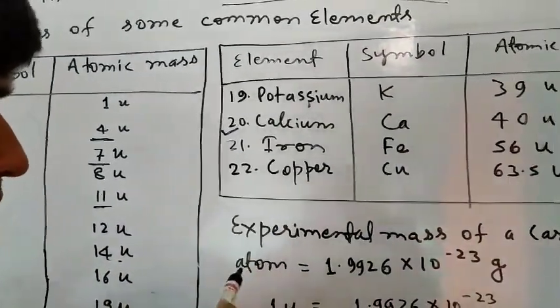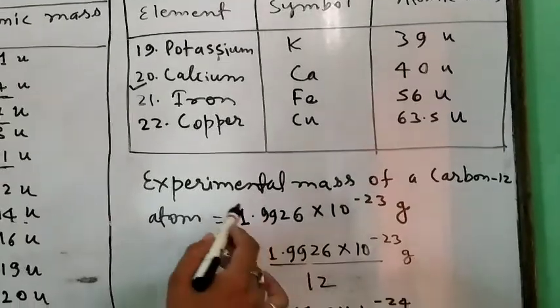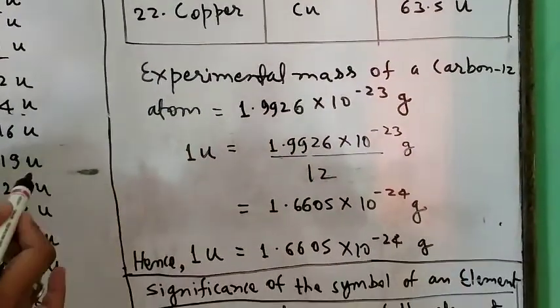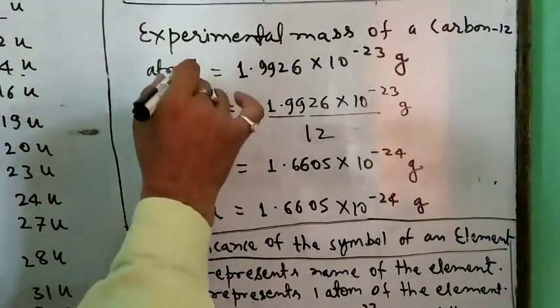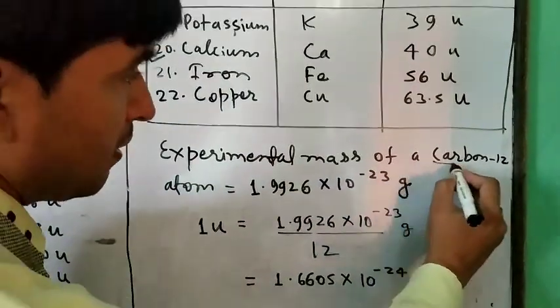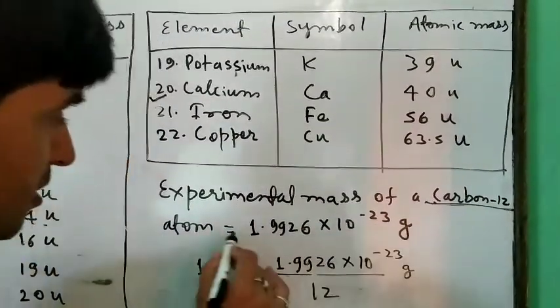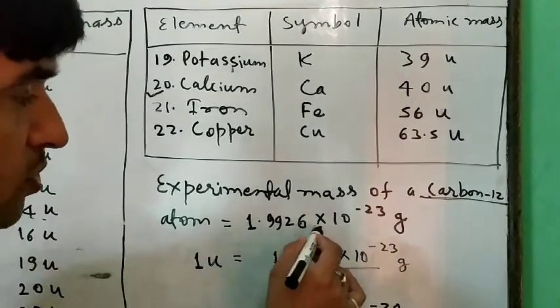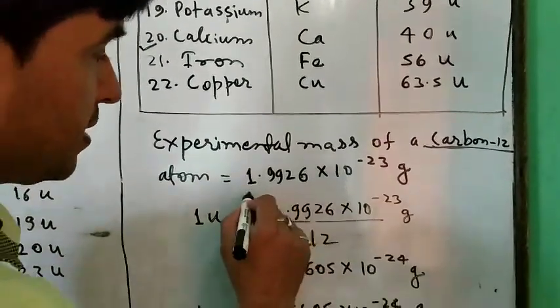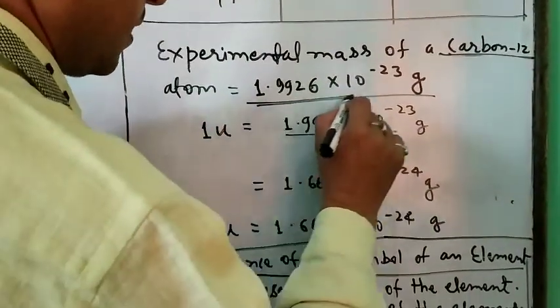Now we have to know the experimental mass of the carbon-12 atom. By experiment, it is found that the mass of a carbon-12 atom is equal to 1.9926 times 10 to the power minus 23 gram.